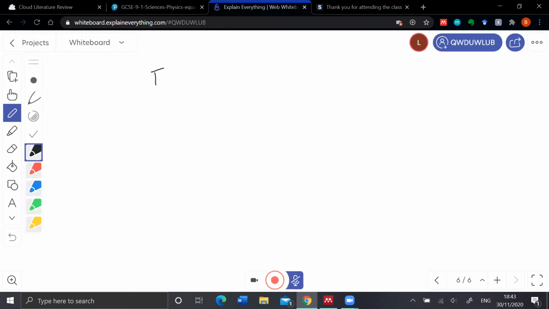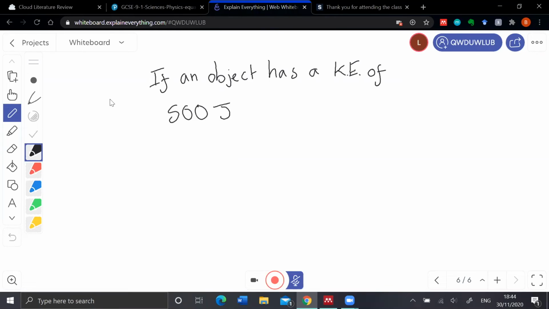If an object has a kinetic energy KE of 500 joules, and a mass of 10 kilograms, what is its speed? What is its velocity? It's a bit more complicated one.